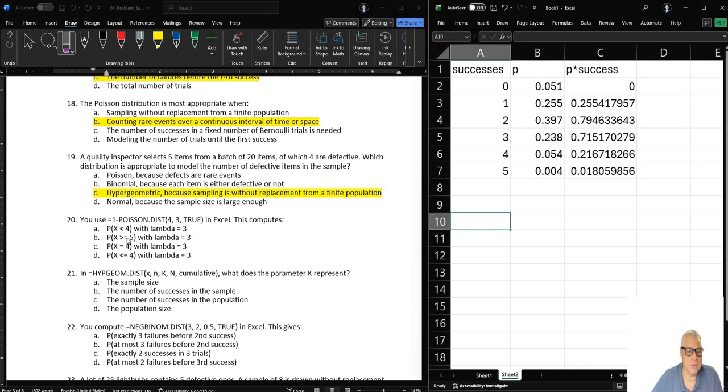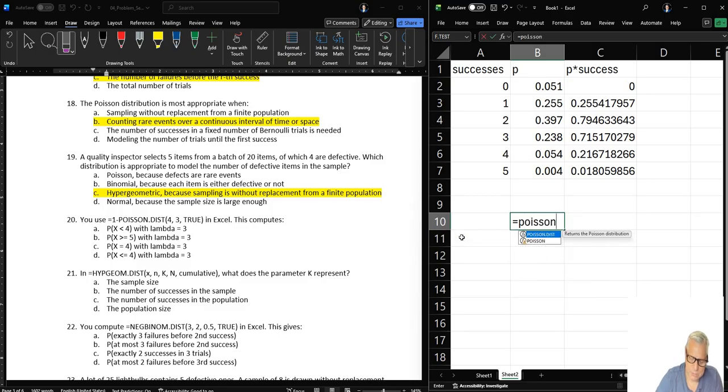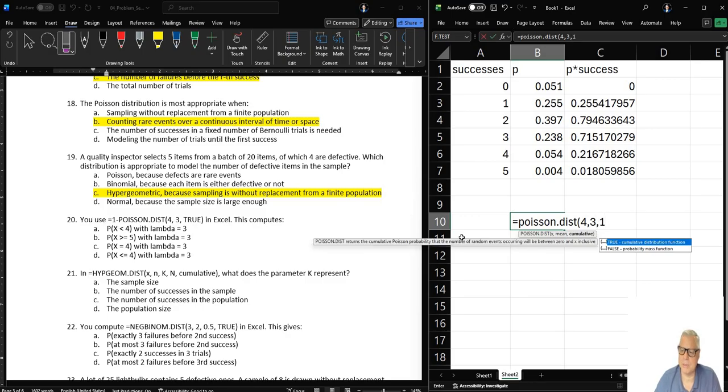So let's first start with the Poisson.dist. Okay, so when we have equals POISSON.DIST, okay, so the 4 events when the mean is 3 and true, which is cumulative.